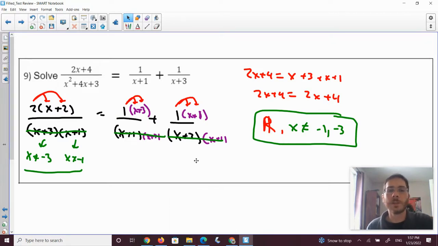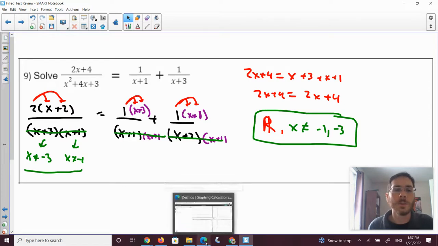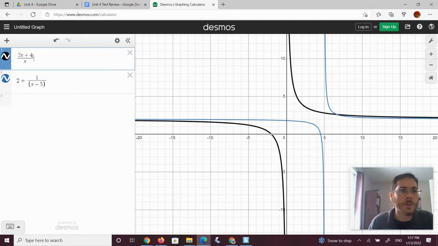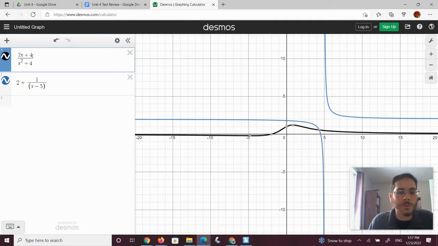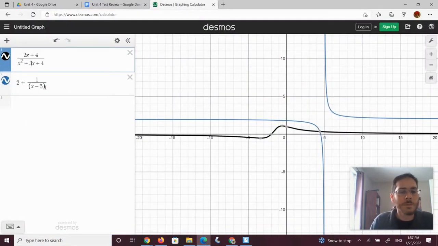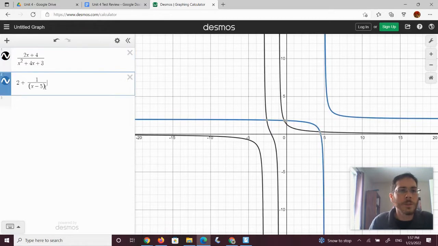If we want to solve this, again, if we have to solve it graphically, we got to put in one side on one line, other side on the other line. So 2x plus 4. And let's actually get that in first. I think this was x squared plus 3x plus 4. 4x plus 3. All right.